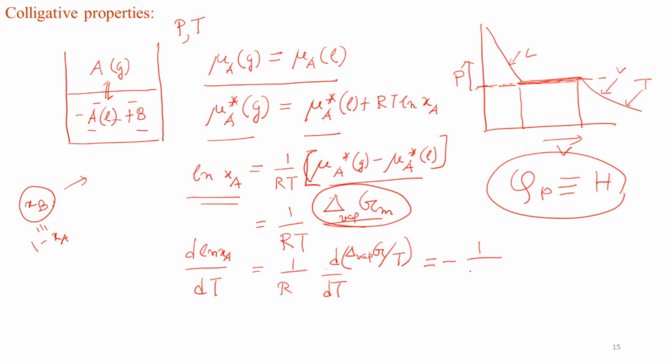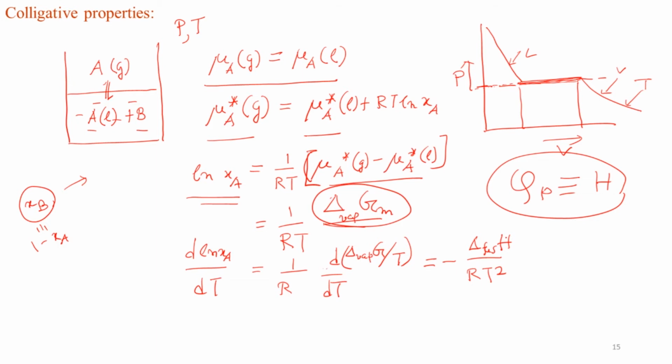So it will be 1 over RT squared, and the numerator is nothing but the associated change in enthalpy of fusion.